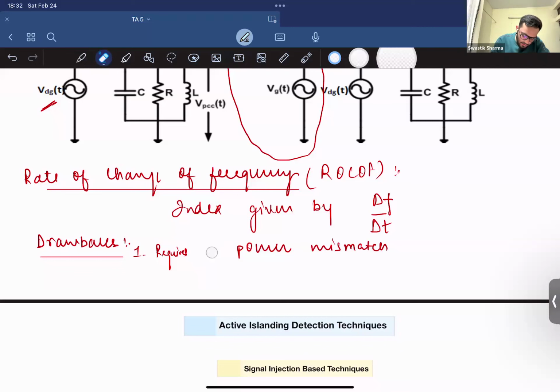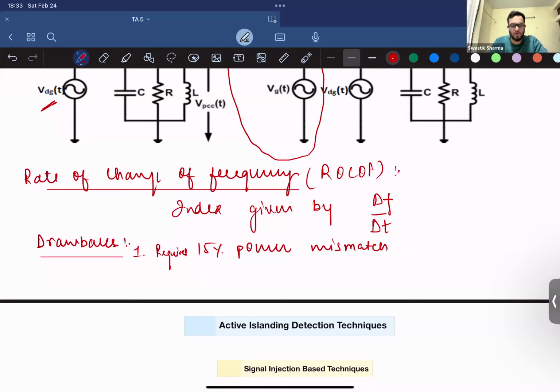That it can only measure once the power mismatch is greater than 15%. So that means it has a non-detection zone, right? So relays working on ROCOF, or rate of change of frequency, won't work until and unless a power mismatch greater than 15% has occurred, right?